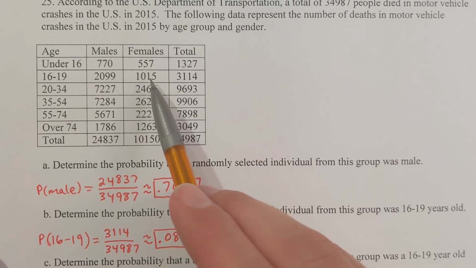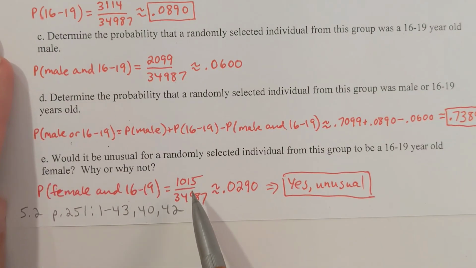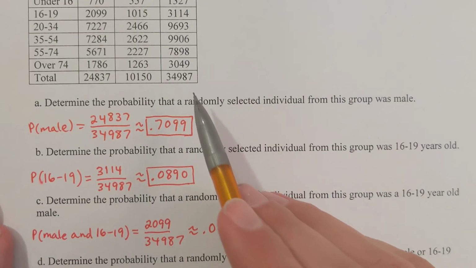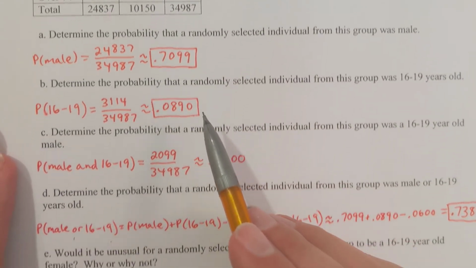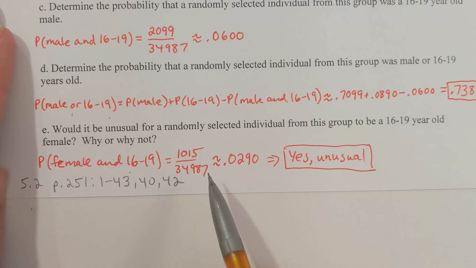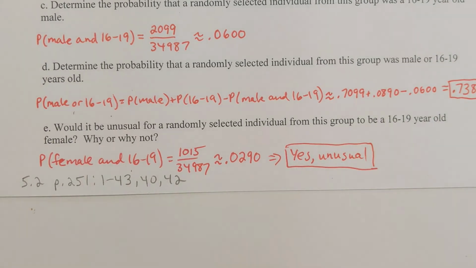There's 1,015 of those people out of the 34,987 total. And when I divide, I get roughly 0.0290.